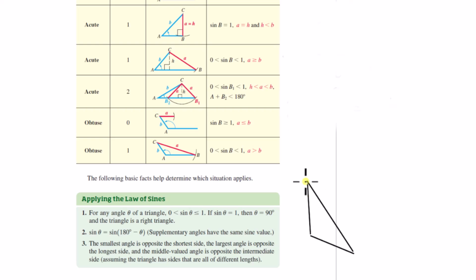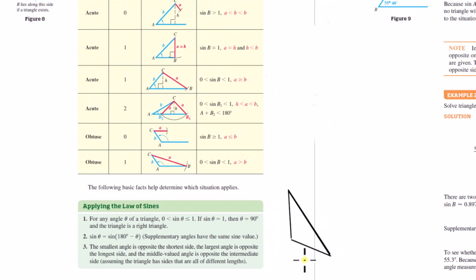That means it's going to take a longer line to connect these two ends, and that length corresponds to the side opposite the angle. So the larger the angle, the larger the side length opposite that angle. In general, that's how it's going to be. If you want to know which side is the longest, which is the shortest, and which is intermediate, look at the angle. If it's a really small angle, then opposite it is going to be a really short side. That idea is really helpful in analyzing triangles.